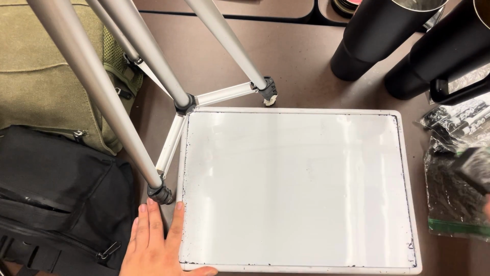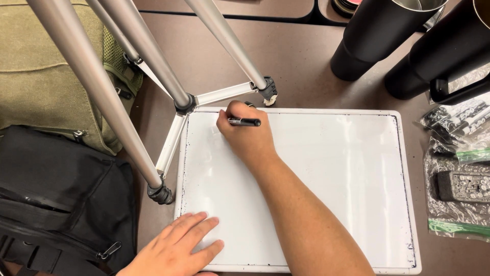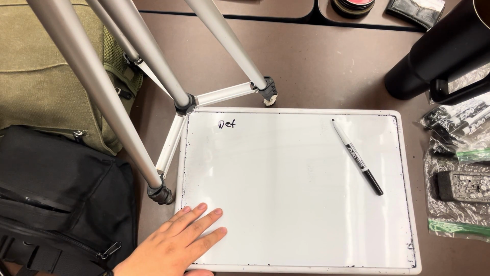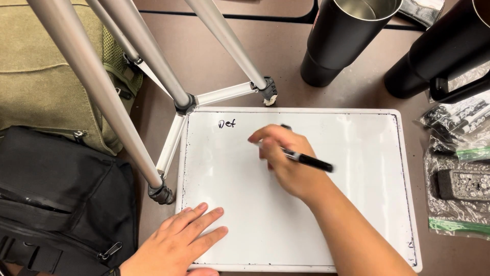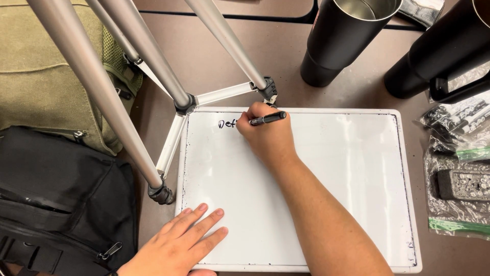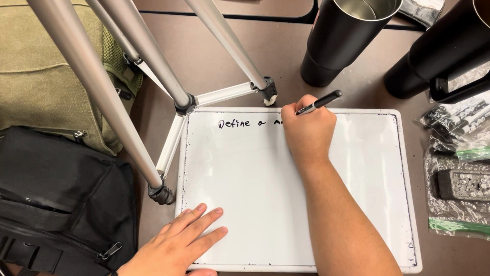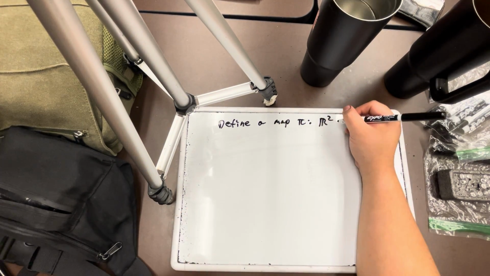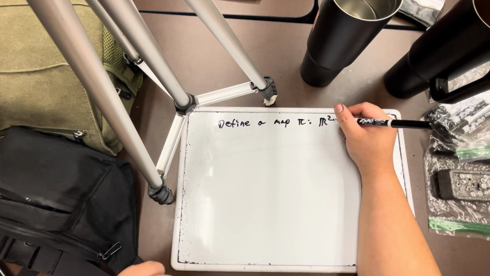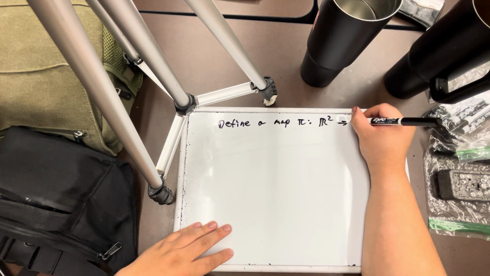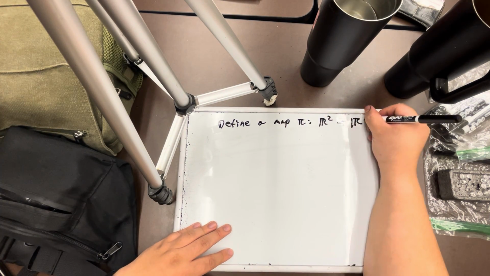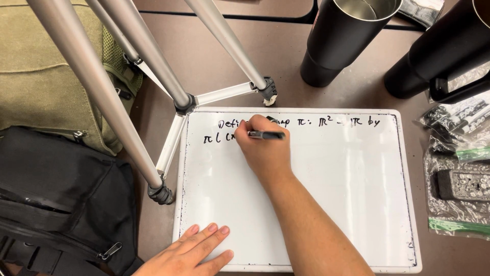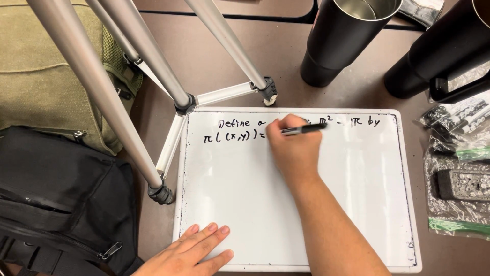Okay, so proceeding to exercise 15, we have here: define a map pi from the real numbers squared, so 2 dimensions, real numbers with degree 2, to real numbers with degree 1 by pi of (x, y) is equal to x.